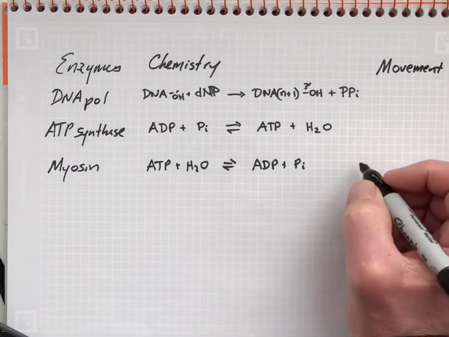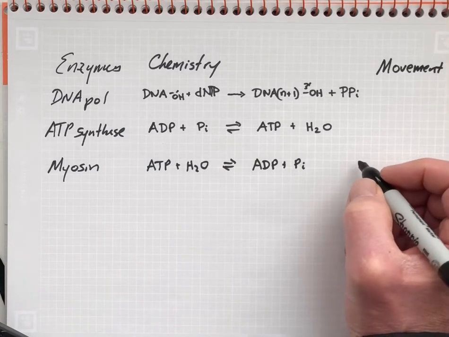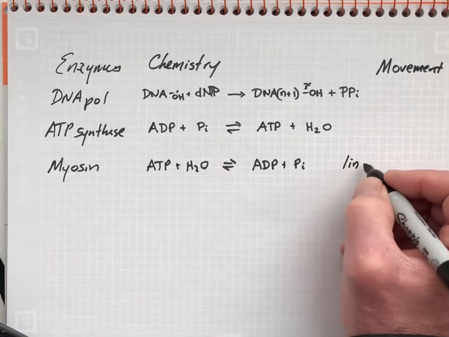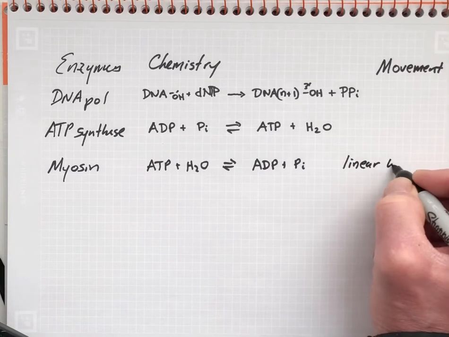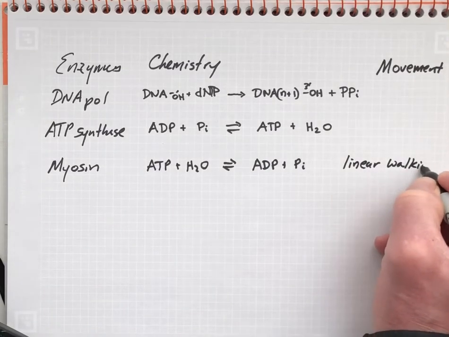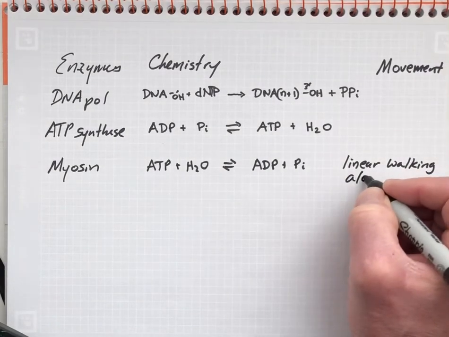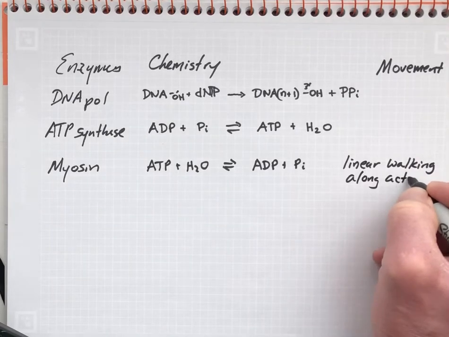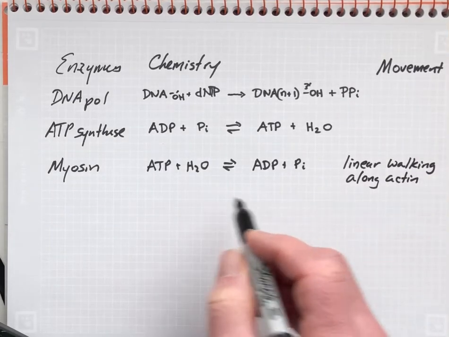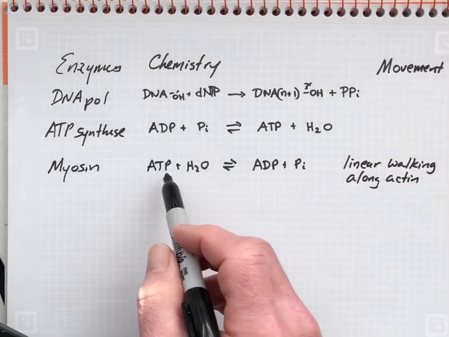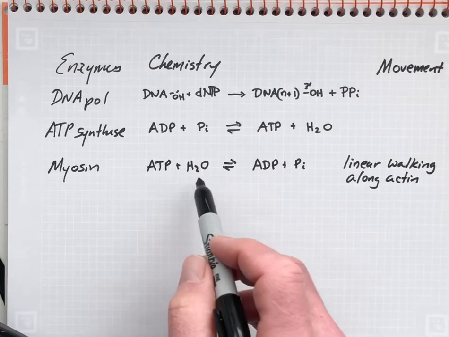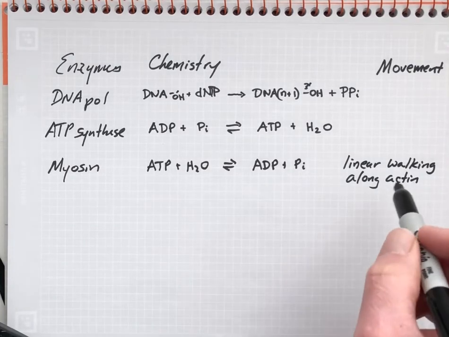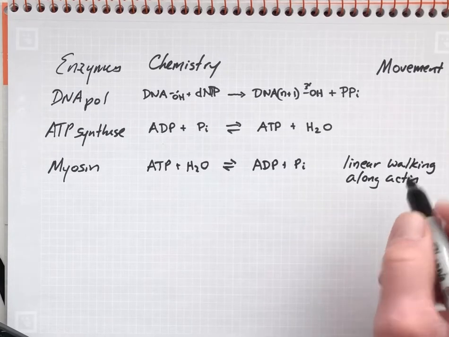And for myosin, movement is a type of linear walking movement along actin filaments. And the chemical potential energy represented by this reaction is driving the walking along actin.